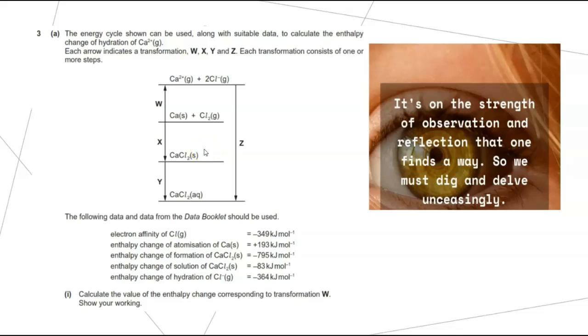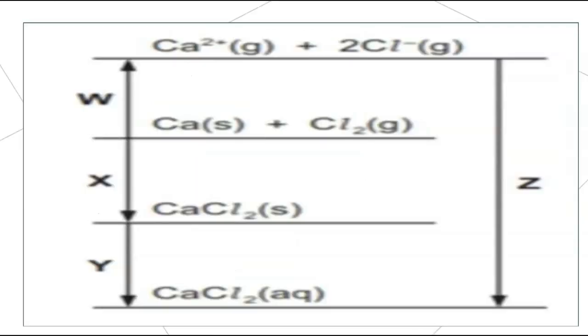So first of all, they ask to calculate the value of enthalpy change corresponding to the transformation W. Show your working. So here we are. The first arrow upward indicates that calcium solid and chlorine gaseous are converting into ions, and they are asking for W. We will discuss X, Y, and Z afterwards.